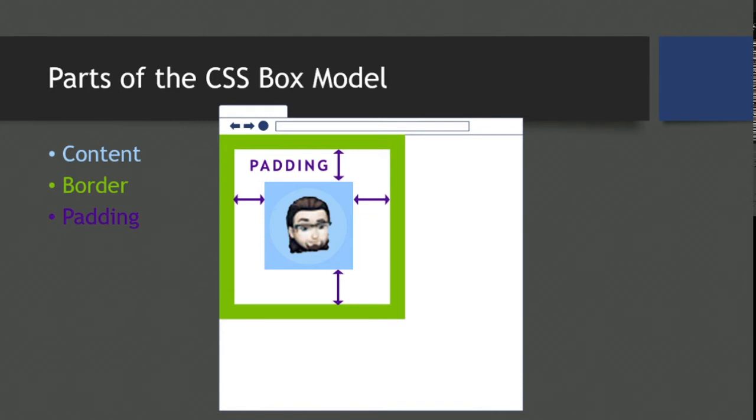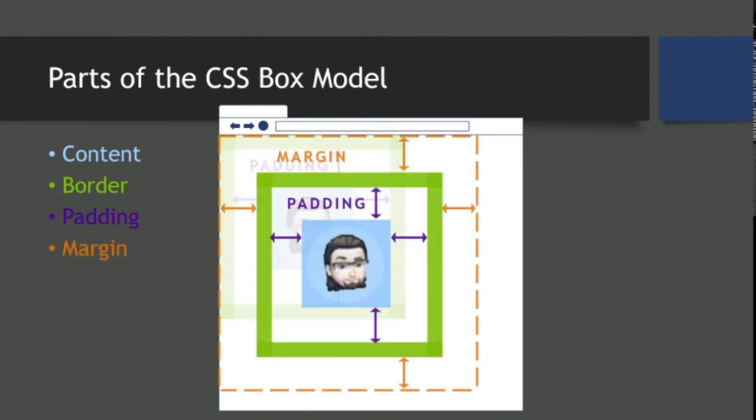Padding is an invisible space between your content and its border. This helps give some breathing space, especially for text contents when you choose to make your borders visible. Margin is a space you can set to keep an element's content apart from other elements' content.